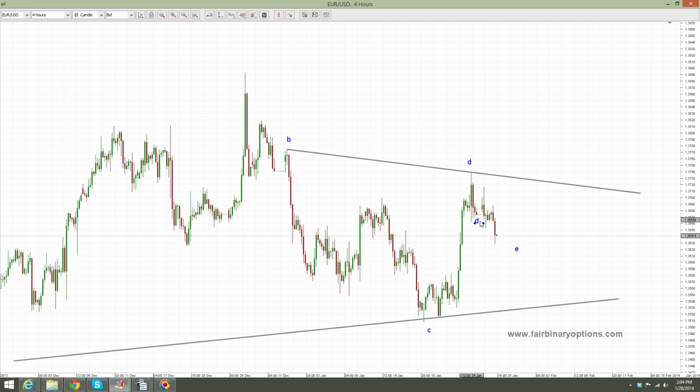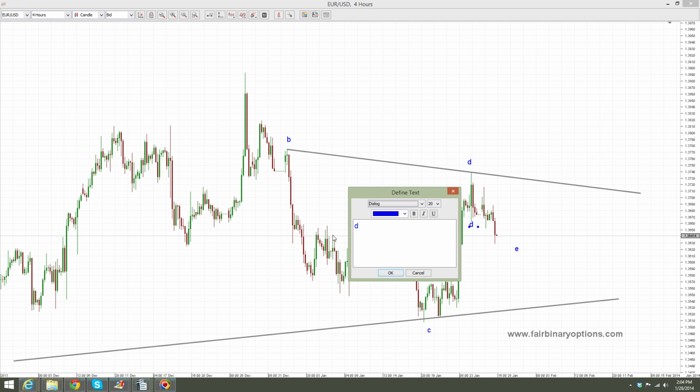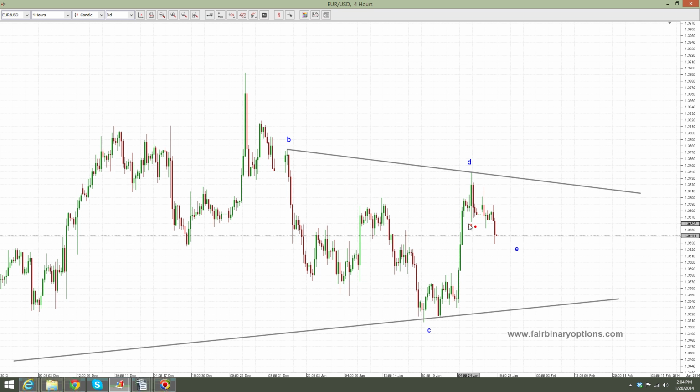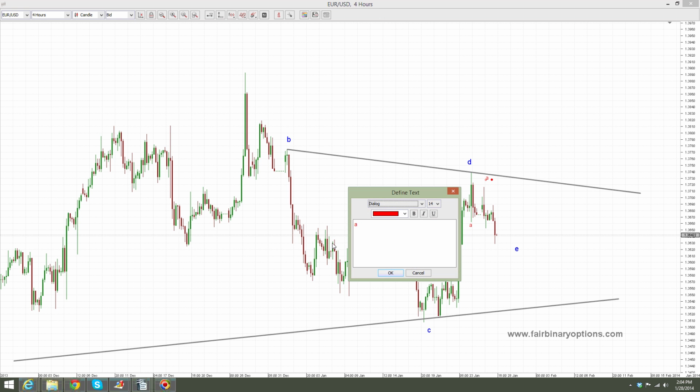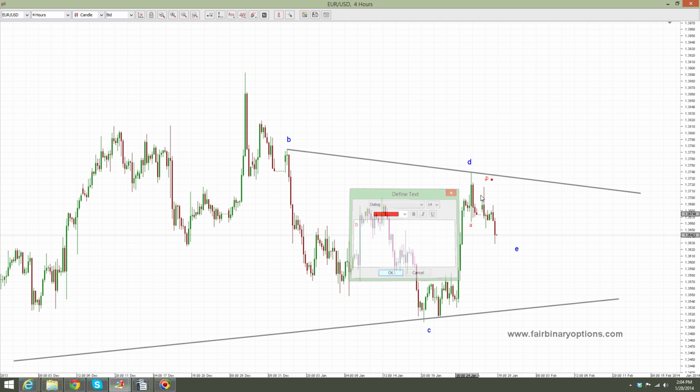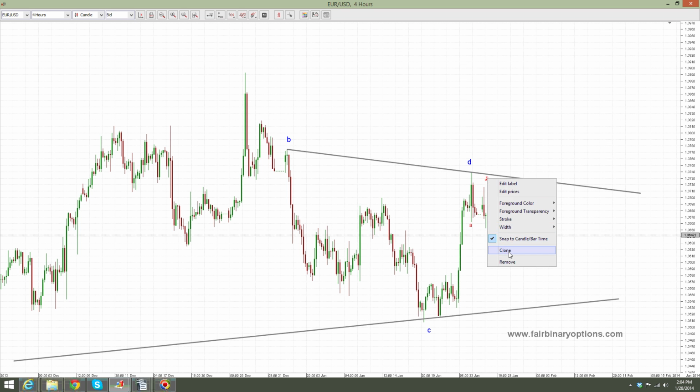So this would be wave A. The B wave to the upside. And the C wave to the downside here.